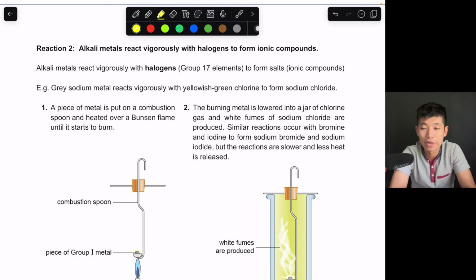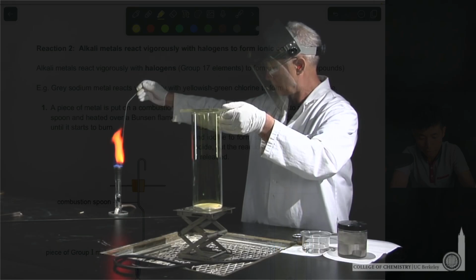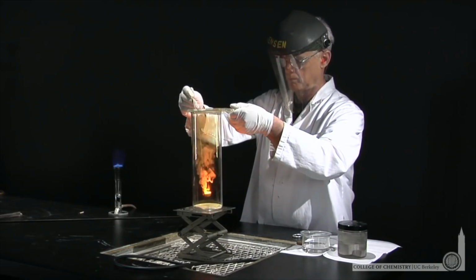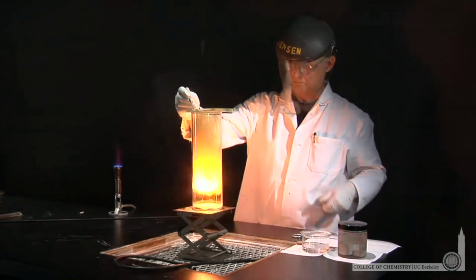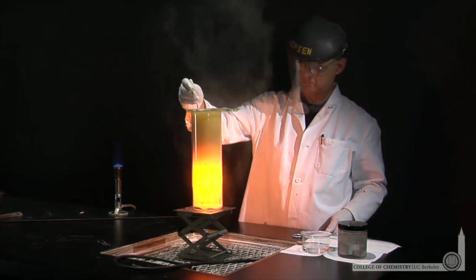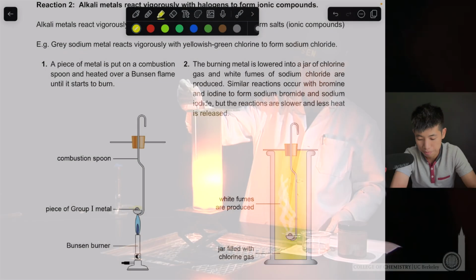So one of the reactions involving a group 1 metal could be sodium reacting with chlorine to form the ionic compound sodium chloride. Let's watch this video. So we have a heated piece of sodium metal being put into a jar filled with chlorine gas. We see a very bright glow, and we also notice white fumes of sodium chloride that is formed.